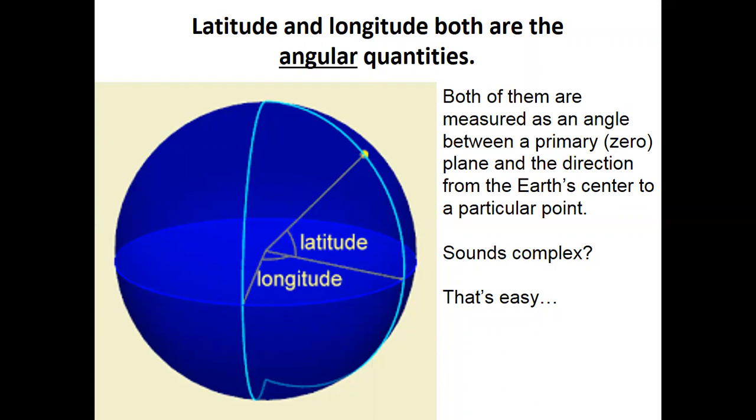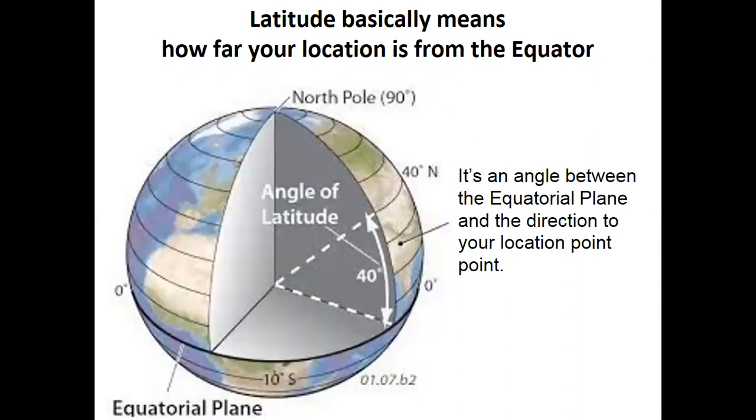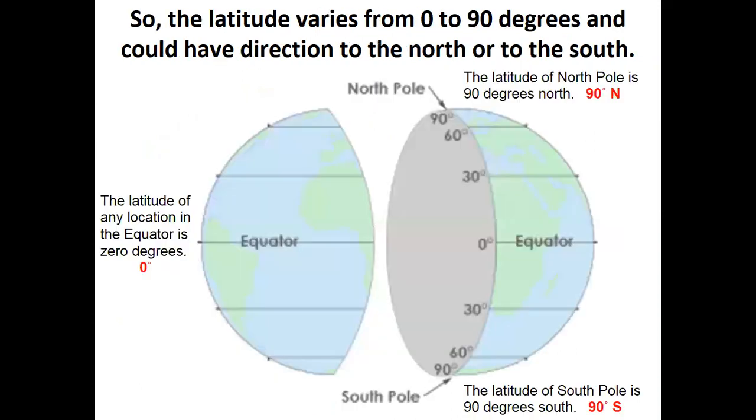Maybe it sounds a little bit complex, but actually it's easy. Latitude basically means how far your location is from the equator, in terms of the angle between the equatorial plane and the direction to a point. We could measure that angle, and this measurement will give us the value of the latitude of your location.